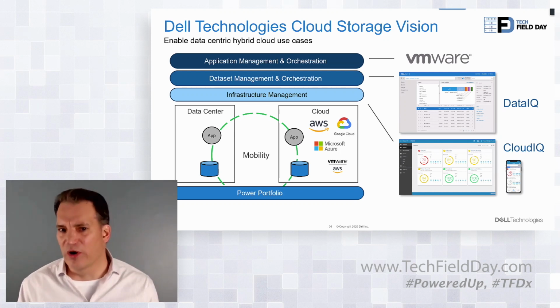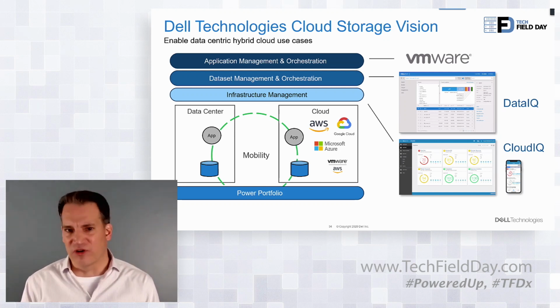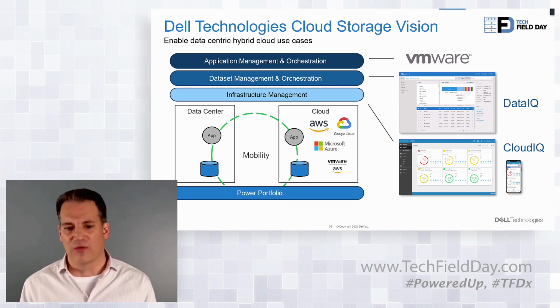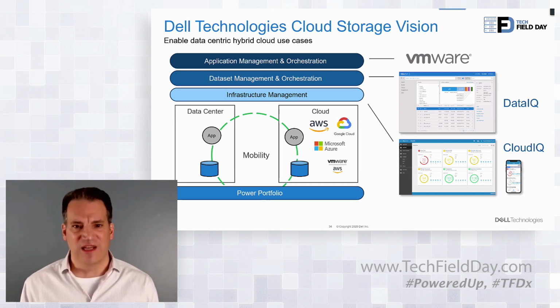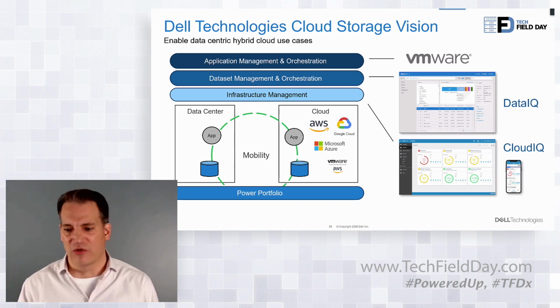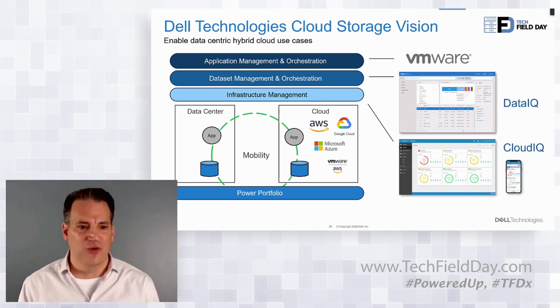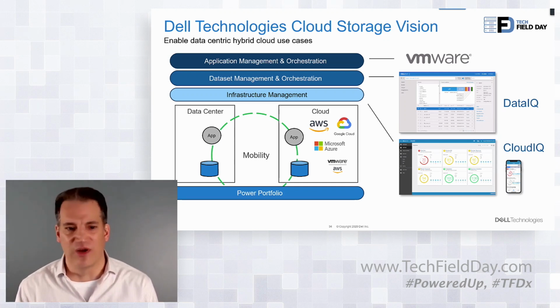We showed you how we're unifying the infrastructure layer with CloudIQ. We talked about data set management using DataIQ. And while we didn't get into it, just to complete the picture, the application management and orchestration with VMware.